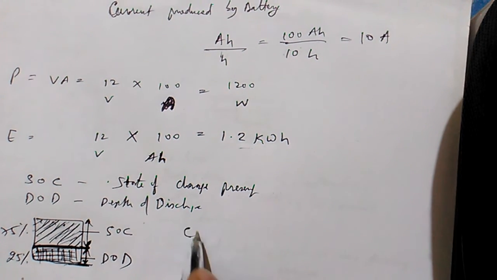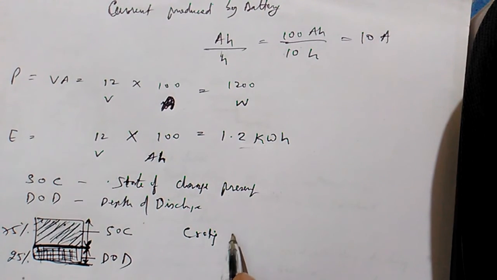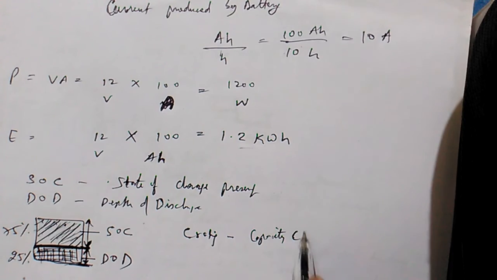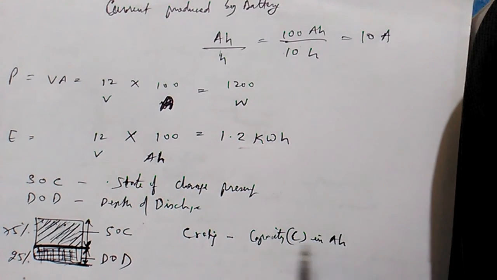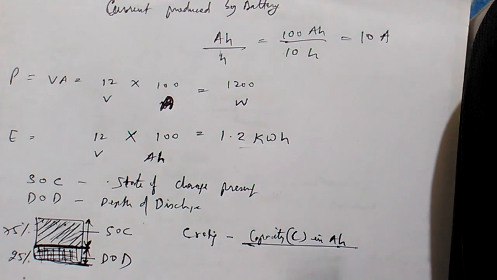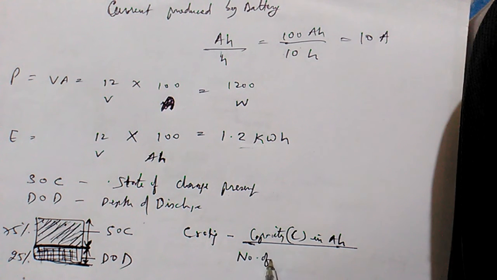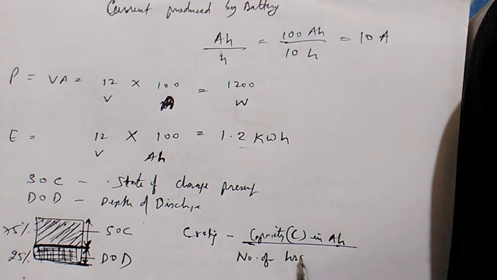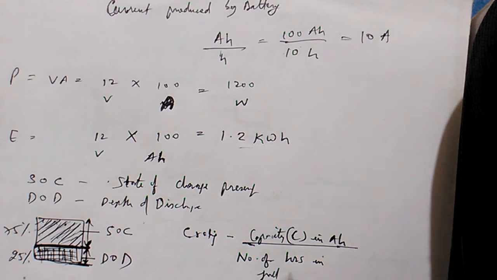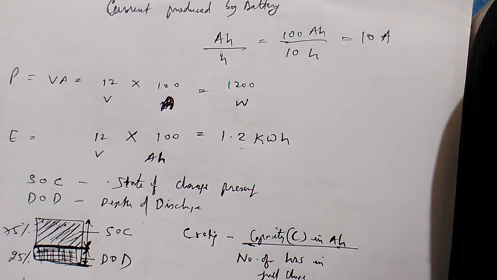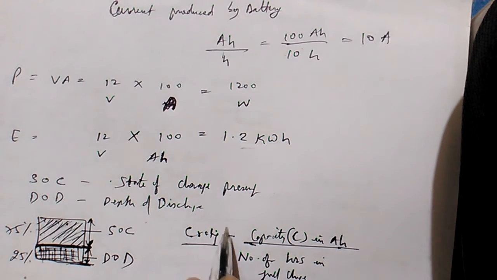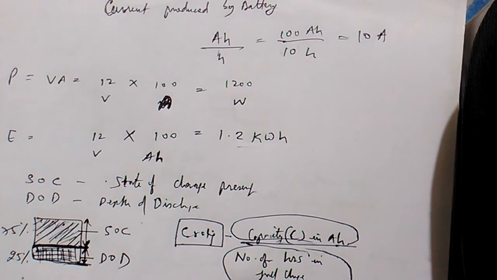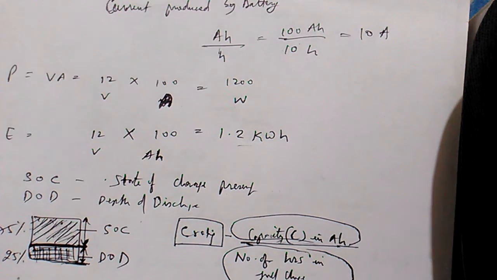So the C rating is the capacity, C in Ah, and the number of hours in full charge or discharge. You can find out the C rating from the capacity in Ah and the number of hours in full charge or discharge.